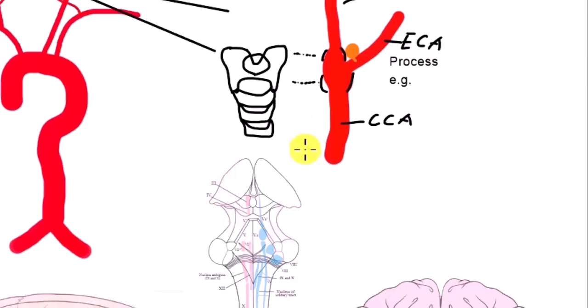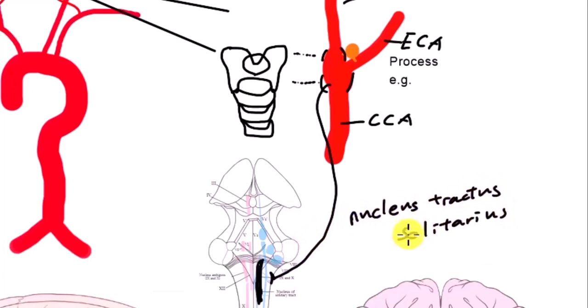So if you have a look at the picture on the bottom, the carotid sinus sends signal to medulla part of the brainstem, and specifically it interacts with cell bodies called nucleus tractus solitarius or solitary nucleus.